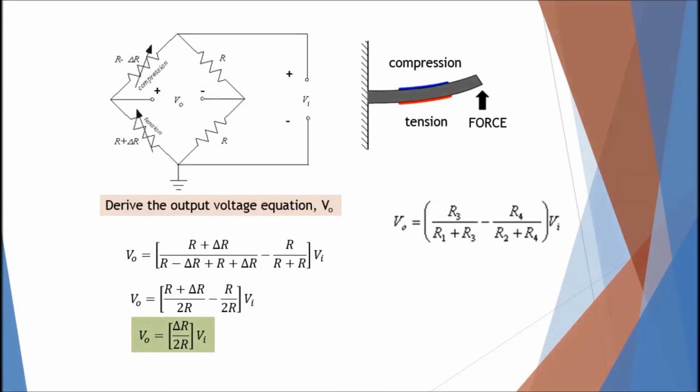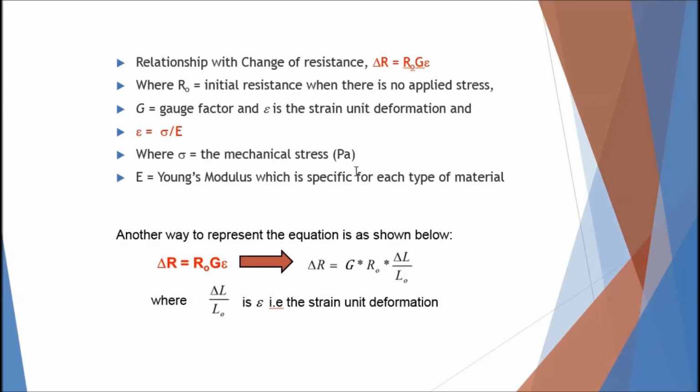The next slide is showing another equation that you can use to calculate delta R. Delta R can also be calculated using this equation, where R0 is the initial, default resistance, G is the gauge factor, and epsilon is the strain, the unit deformation. Epsilon is also equivalent to the mechanical stress over Young's modulus.